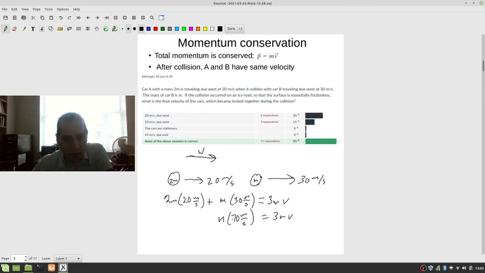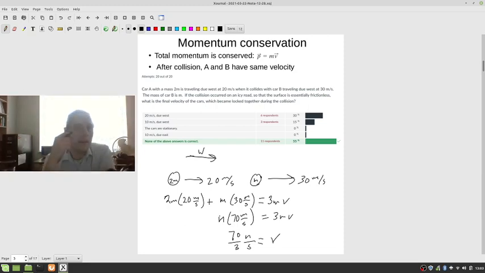Now I divide both sides by 3m, and what I get is 70 over 3 meters per second equals v. Now, 70 over 3 is 23.3 meters per second. And so the correct answer is that none of the above answers were correct.